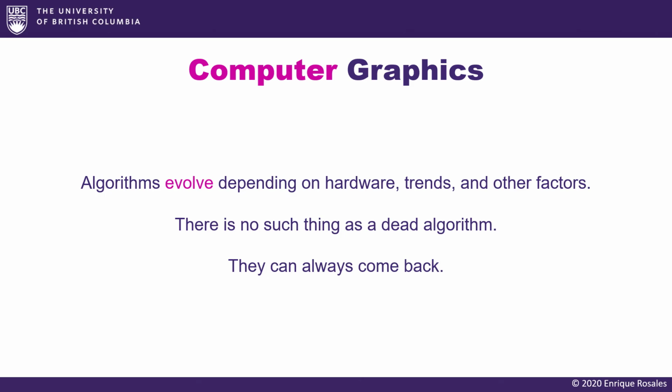For example, this algorithm of checking a pixel using edge equations was considered dead when someone came up with the scanline algorithm. But it turns out that we bring that idea back, because with modern hardware, that one is easier. It could be the same for the scanline algorithm. Right now it is considered not as relevant anymore, but it doesn't mean that we will never use it again. So everything can come back.